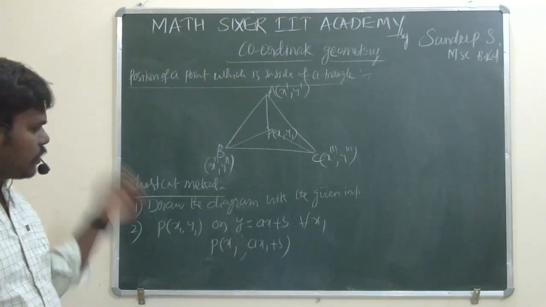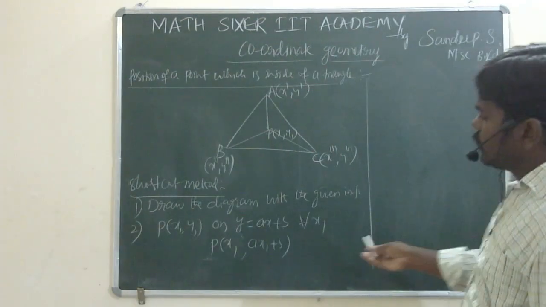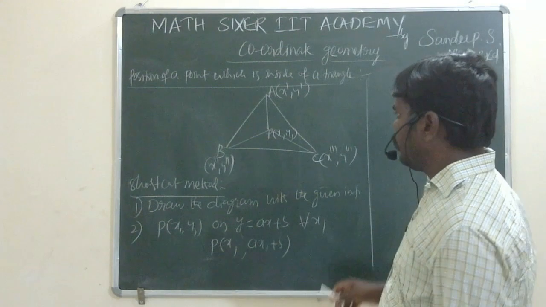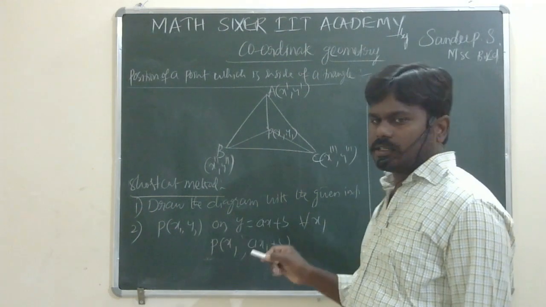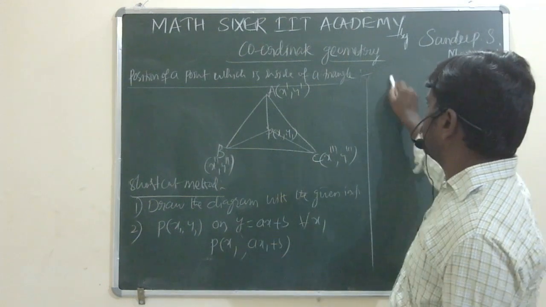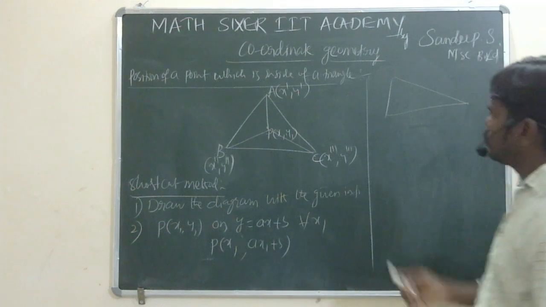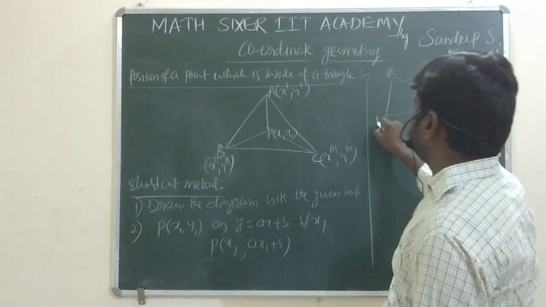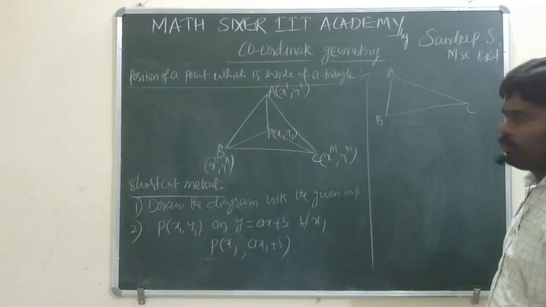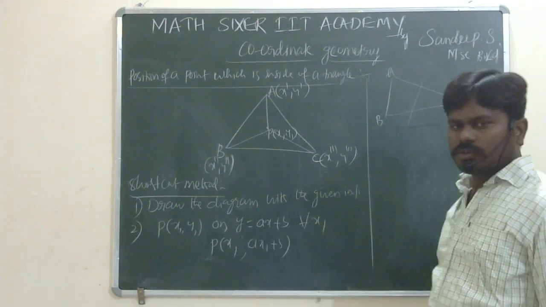Okay, so now the straight line when you draw, that will intersect two sides of the triangle at distinct points. So here let me draw some rough diagram. Suppose here A, B, C. Now we are drawing the line y is equals to ax plus b.